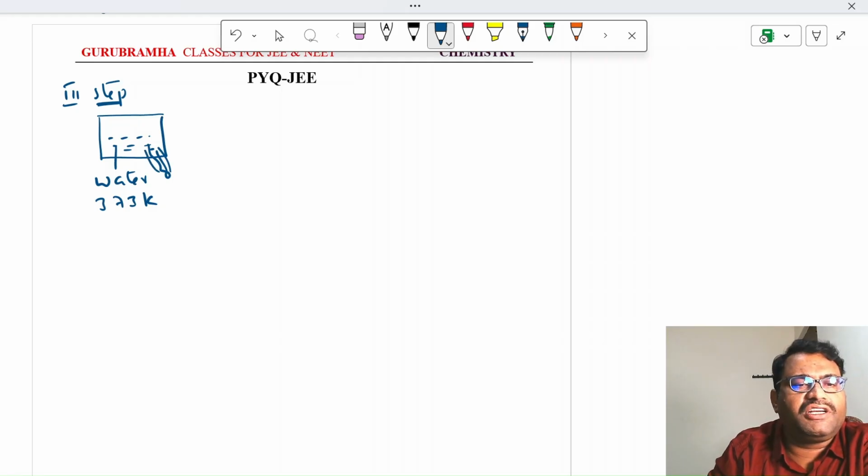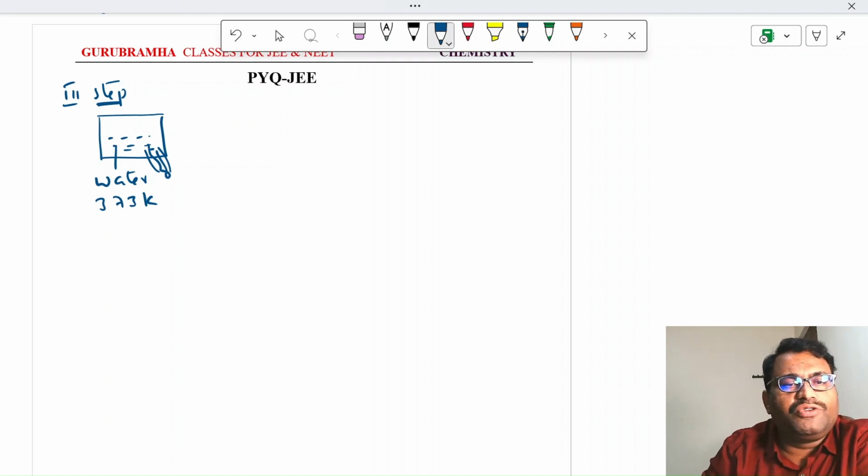This 373 Kelvin is the boiling point of water. So when water at 373 Kelvin is heated, whatever heat you supply to it will be used to convert it from liquid state to vapor state, water vapor.